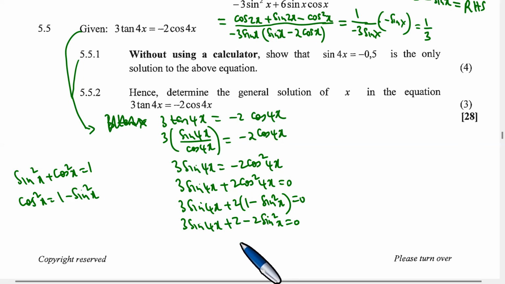You can just divide through by negative, so that you have 2 sine squared x, which is positive, and sine 4x, which is going to be negative, equals 0.